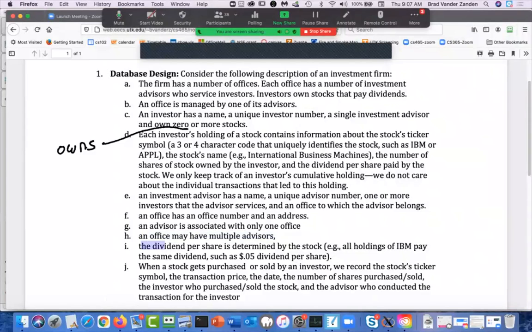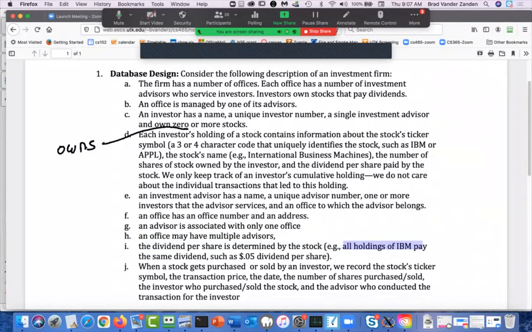We now know that the dividend per share is determined by the stock. We already had known that a stock pays a dividend. But this is saying all holdings of IBM pay the same dividend. This is important information because what it means is we don't have to hold that dividend information in the owns relationship.